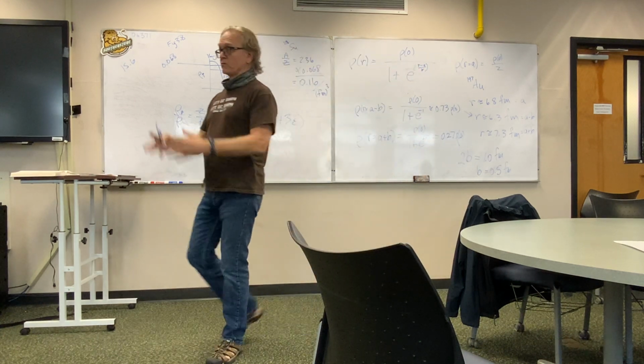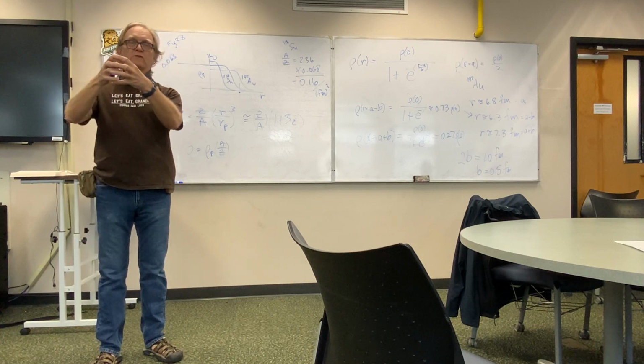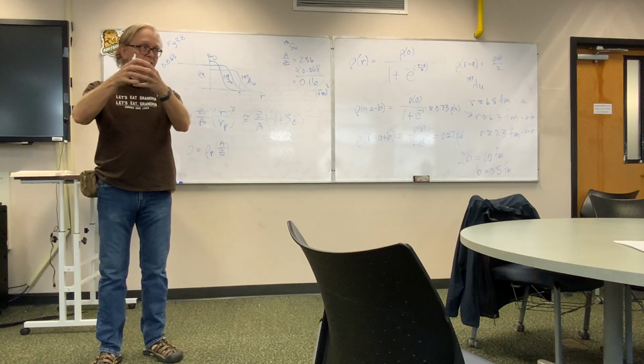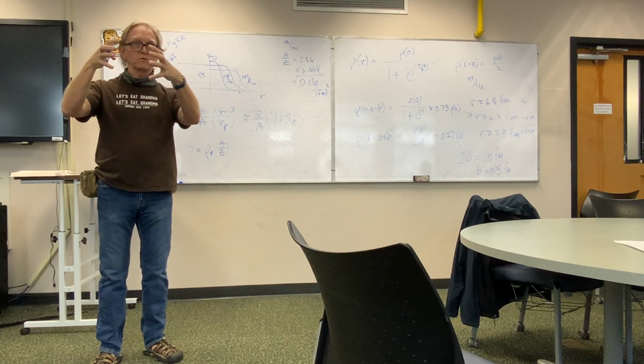So what we figured out is we now build nuclei by building spherical objects that have about the same density, 0.16 per cubic femtometer.